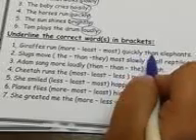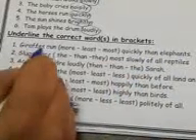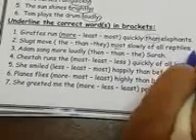Underline the correct words in brackets. 1, giraffes run more, least, most quickly than elephants. Giraffes run more quickly than elephants. Number 2, snakes move the, that, they, most slowly of all reptiles.